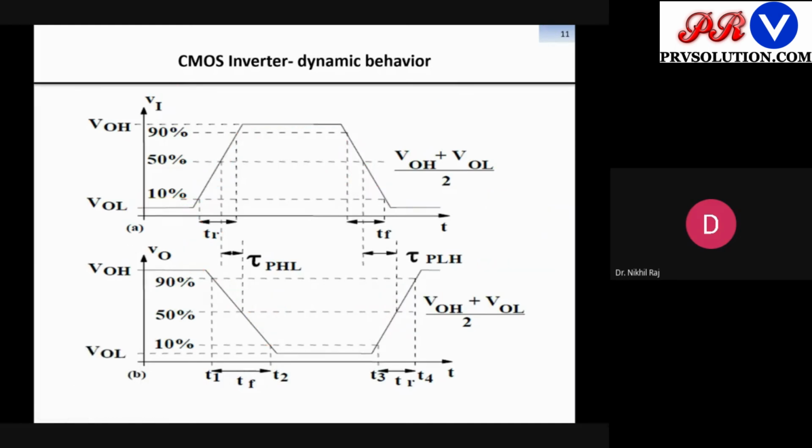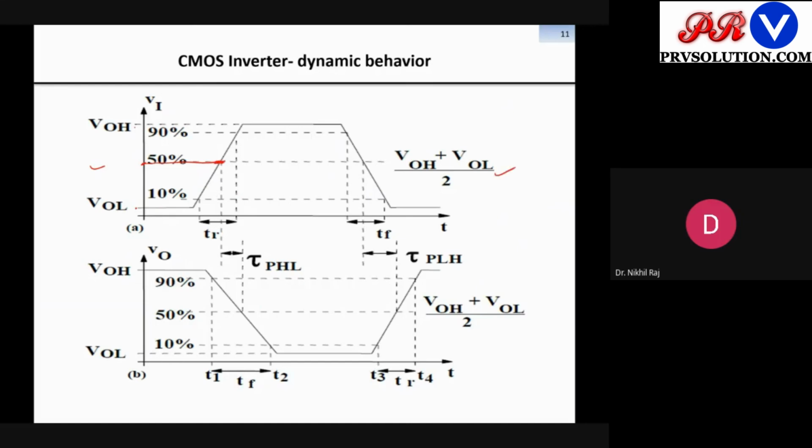Okay. So now comes the low to high and high to low transition. So what is the 50%? 50% will be somewhere about here, and this 50% is nothing but the average of VOH plus VOL. Total VOH plus VOL divided by 2 will give you this 50% value.